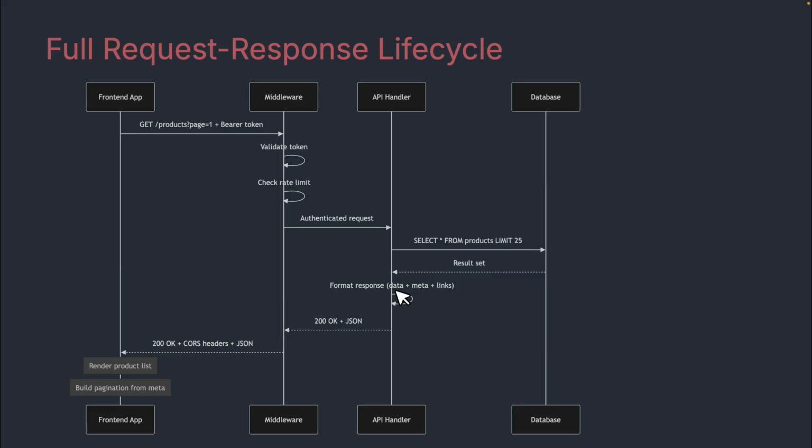It will create my object, with my data, meta, and links in the API handler, and then respond with a 200 OK JSON to the middleware, which will send that to my client with my CORS headers and the JSON. And then the front end renders the product list and builds the pagination from the meta. That's to understand a little bit.